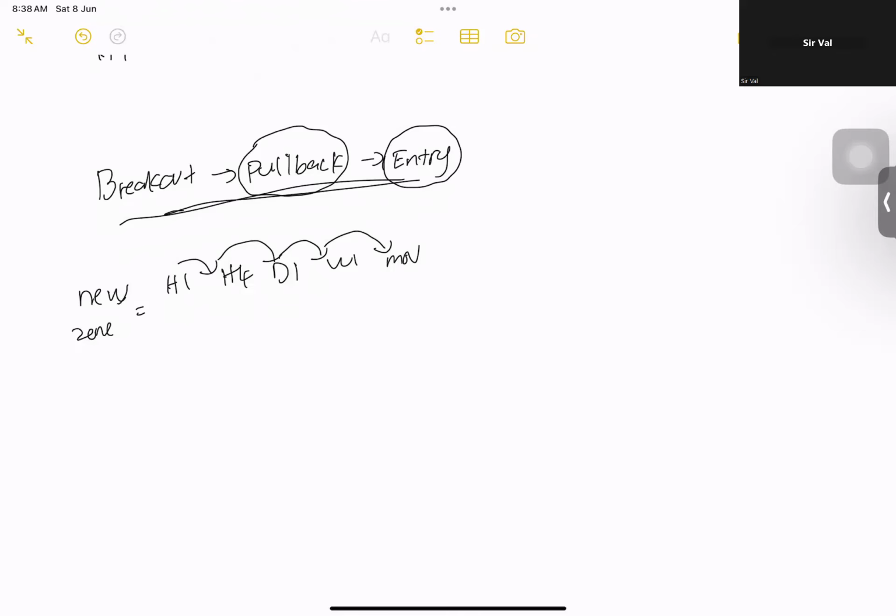For example, if there is no daily, you can go from H4 to H1, then new CMP. If you have a daily, you can be precise from daily. If there is only H4, you need H4 to H1. If you don't have H4 and only use H1, that is very, very high risk.